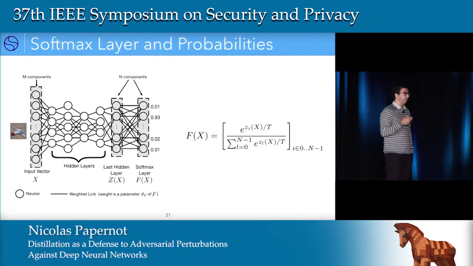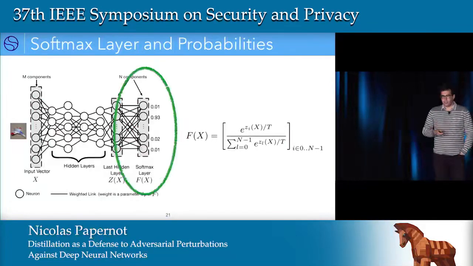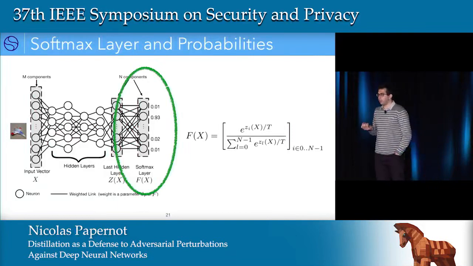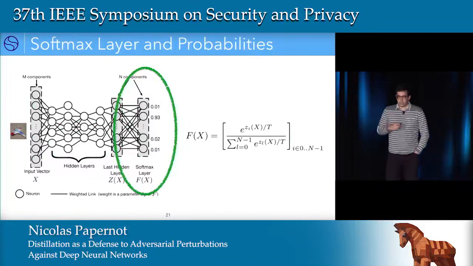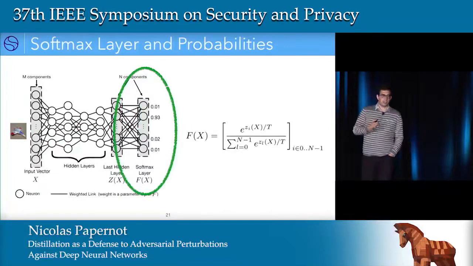So if you remember the model that I showed you earlier, the last layer is the softmax layer, and this is what we leverage to create our defense. The softmax layer works by applying an exponential function to the class scores and dividing by the sum of the exponential values. And there is a parameter in that function, which is the temperature T, which divides the class scores before the exponential function is applied.